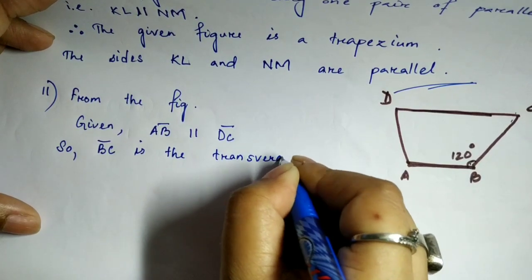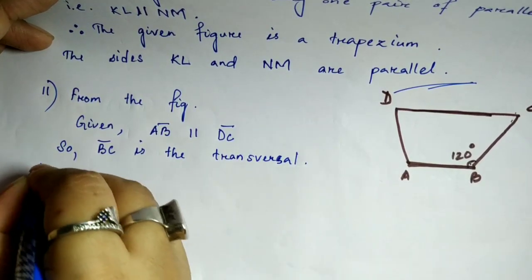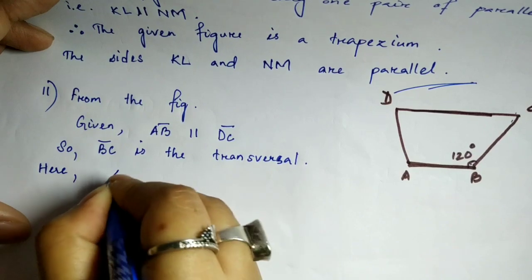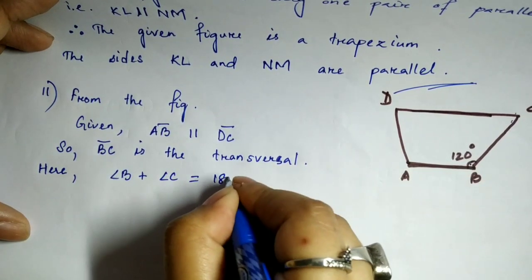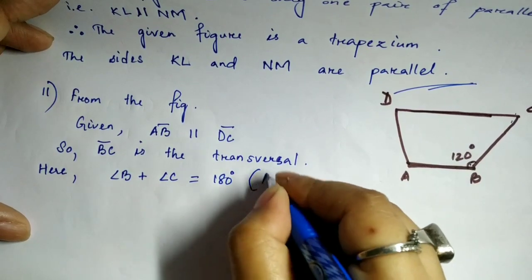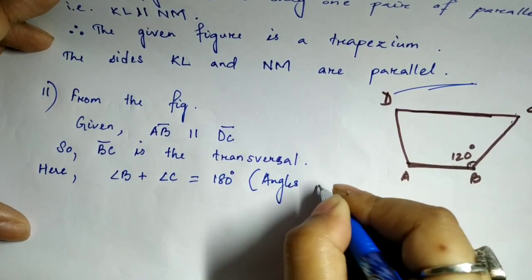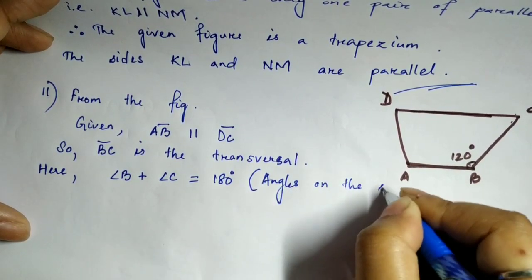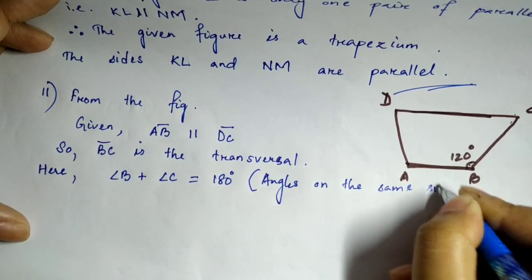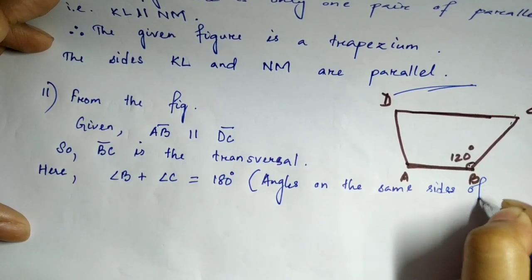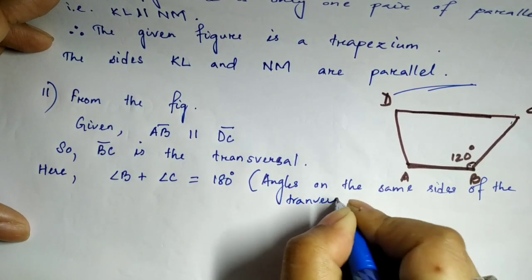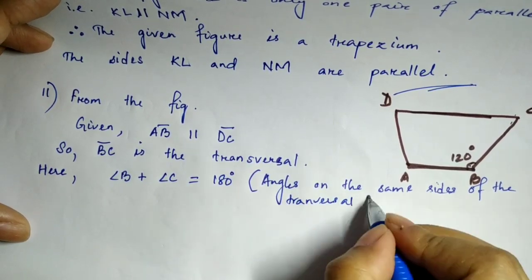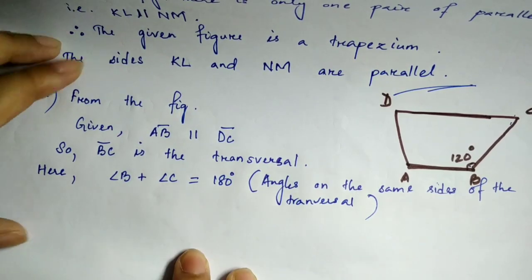Okay, here please see, angle B plus angle C is equal to 180 degrees. Now how come this is so? Angles on the same side of the transversal, their sum gives you 180 degrees. You don't have to write everything.